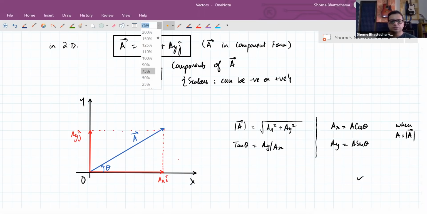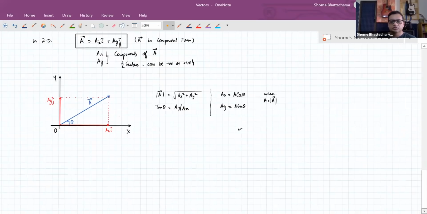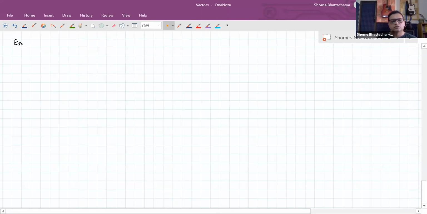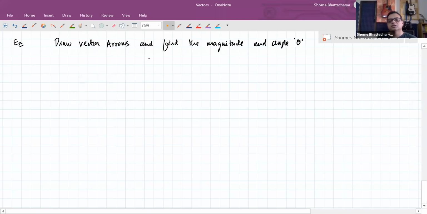So let's take a quick exercise based on this. For example, we have a set of vectors given to us. We want to draw vector arrows and find the magnitude and angle theta with respect to the x-axis for each of these.